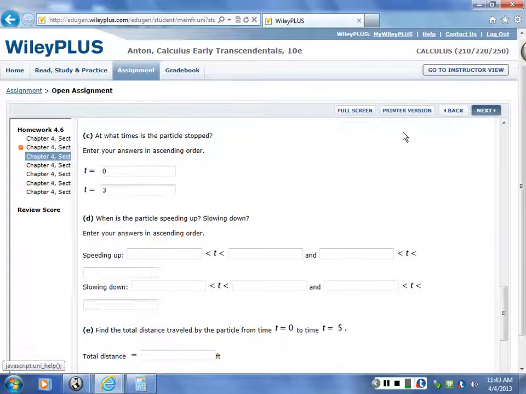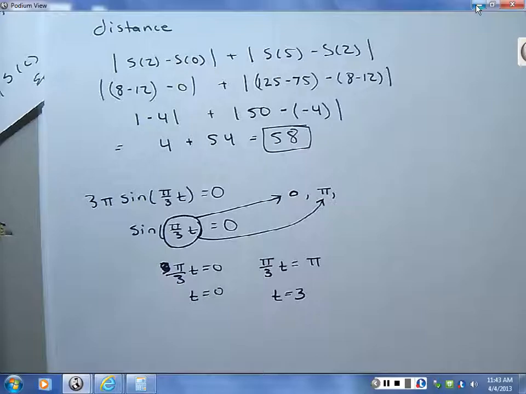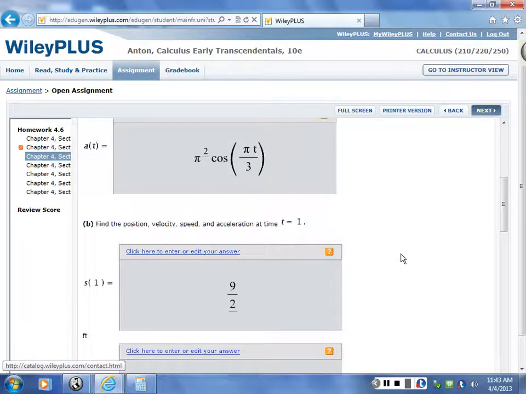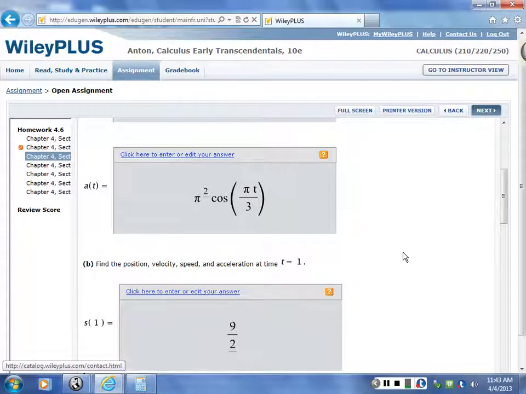So when is the particle speeding up or slowing down? I need to look at the acceleration function. What do you get for acceleration? Pi squared cosine. So this is my velocity. Does that equal 0?